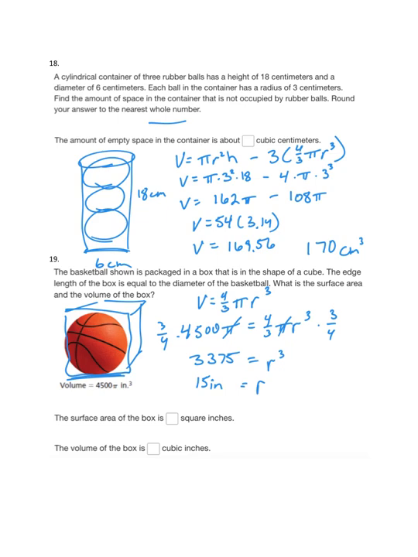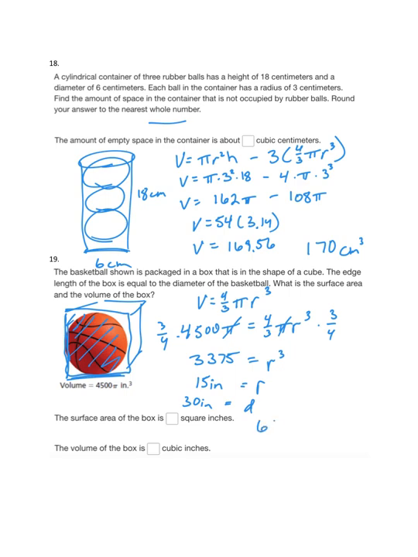What I really want though is the diameter, which is 30 inches. So once I know the diameter is 30 inches, for the surface area, I can say each side of this cube, each face will be 30 times 30, or 900.